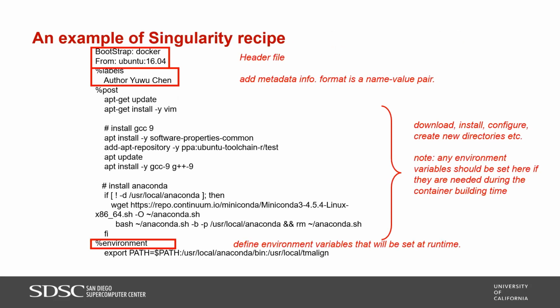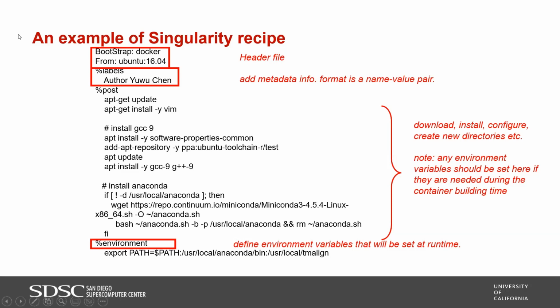Okay, so here is what a recipe looks like. It's a plain text file, and in that file there are several sections. The first section is called the header. It defines where you get your images from. Remember the Docker URI, layers and tags we saw in the Singularity build command.